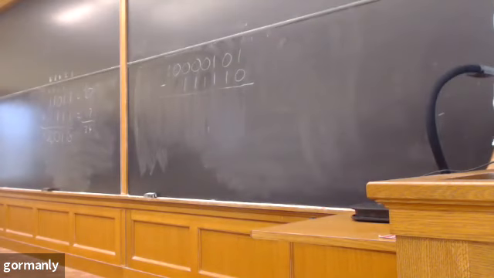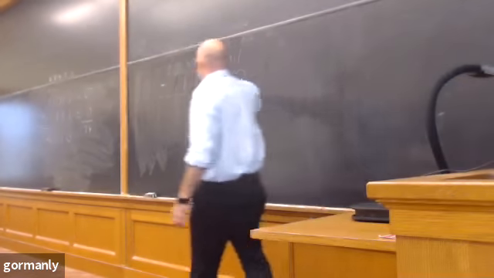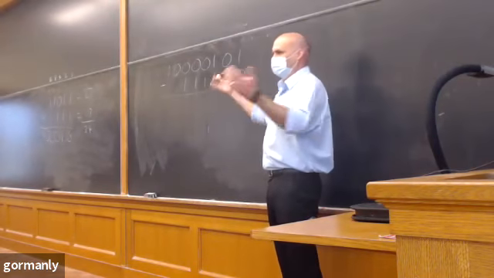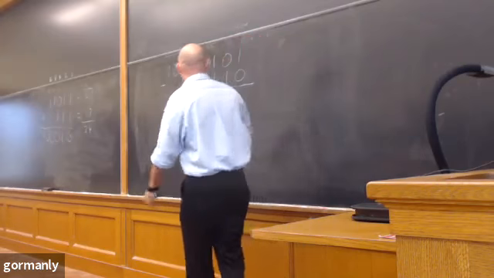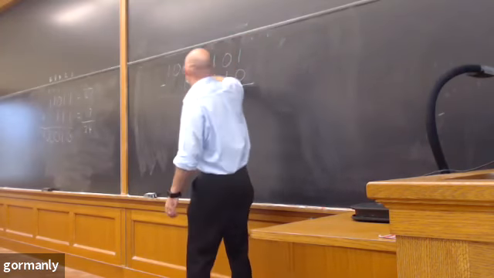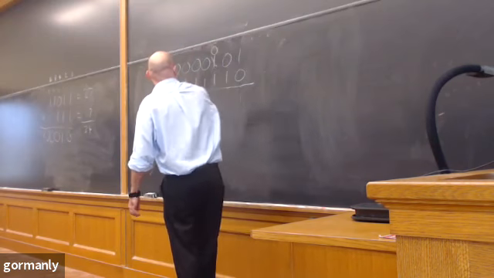What's the first place? Right, 1. That's easy. 1 minus 0 is 1 in any case. All right, now what do we do? We know we have to borrow, right? Just like any other arithmetic, we have to borrow. We're going to go over to the next place, and we're going to take from this. This is going to become a 0.